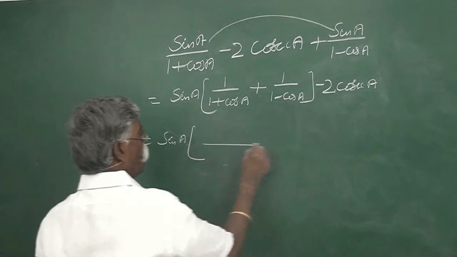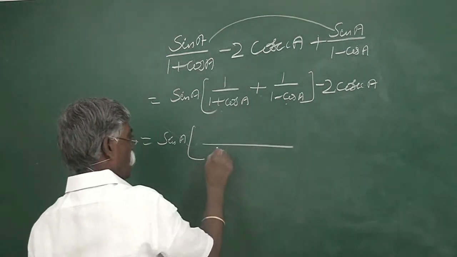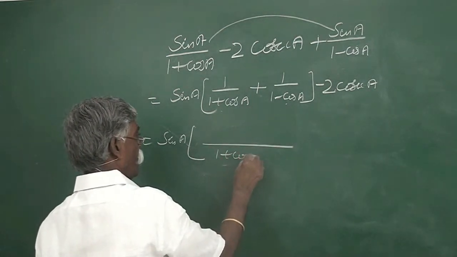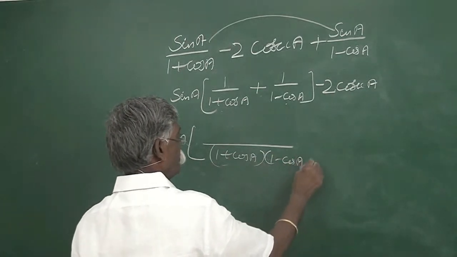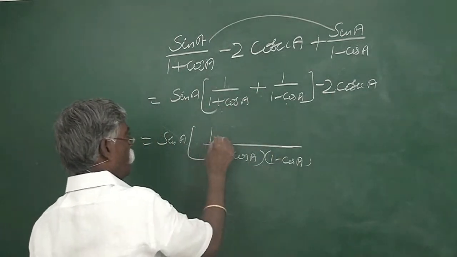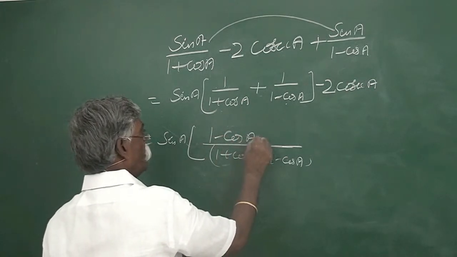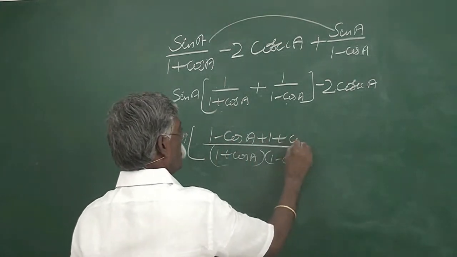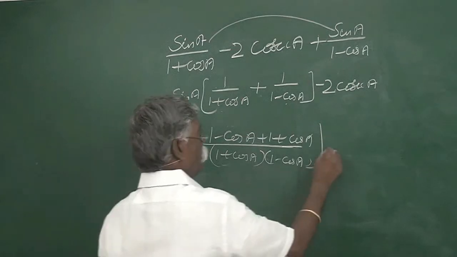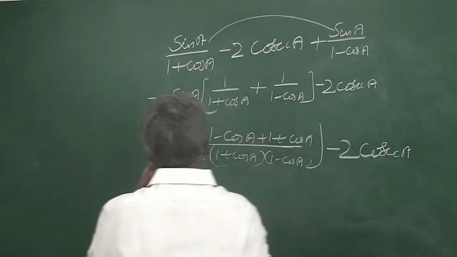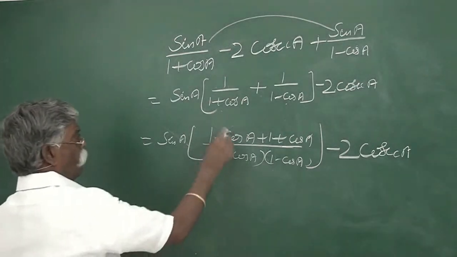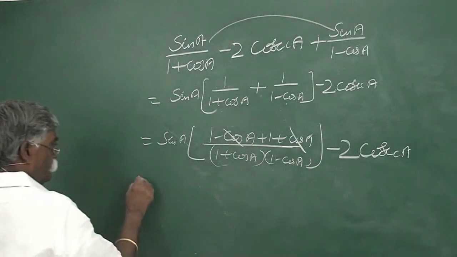LCM is 1 plus cos A into 1 minus cos A. Here it is 1 minus cos A plus 1 plus cos A minus 2 cosecant A. Cos and cos get cancelled.